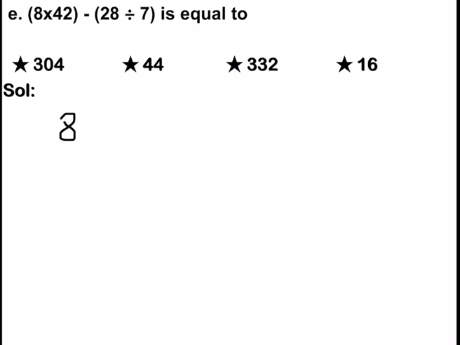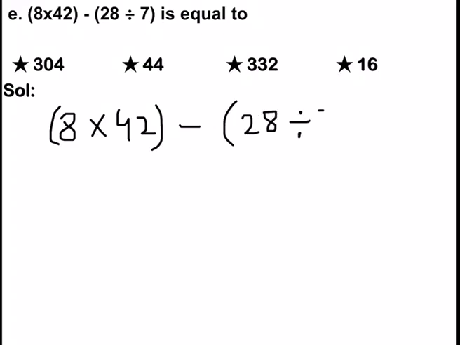Now part E, and the value of part E is round bracket 8 multiplied by 42 bracket close minus 28 divided by 7.